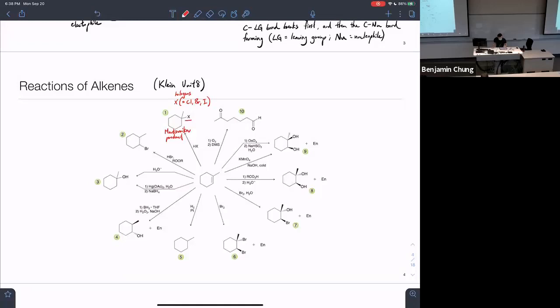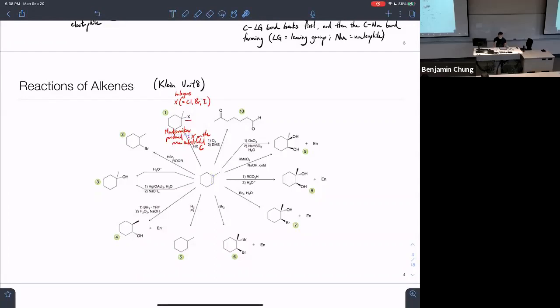And the Markovnikov product has it on the more substituted carbon. Because you can imagine if we add HX across this double bond, the X, the halide, can go either on this carbon or on this carbon.